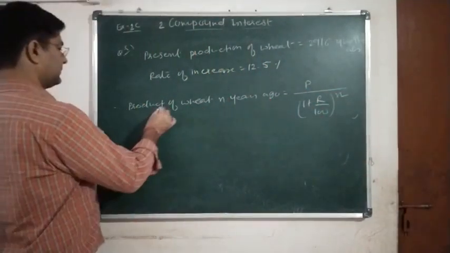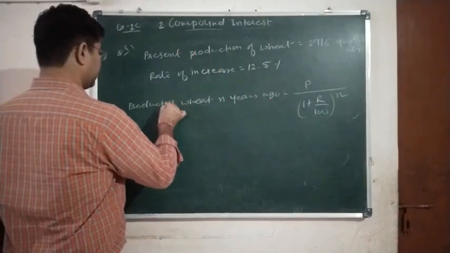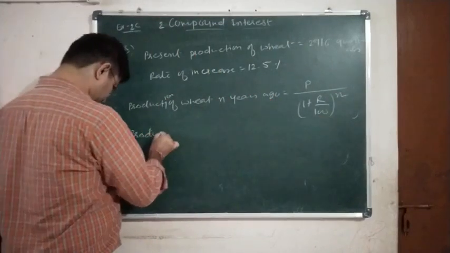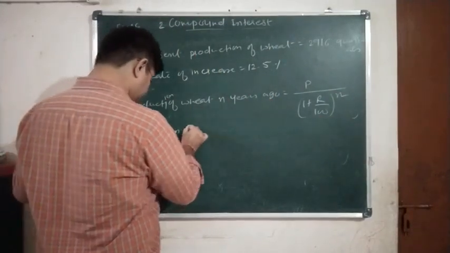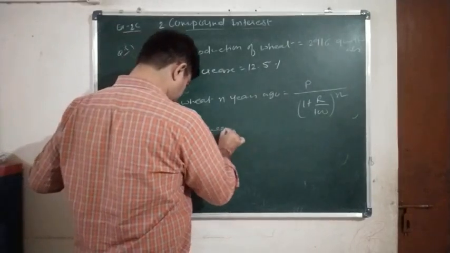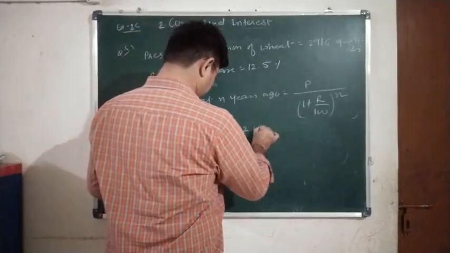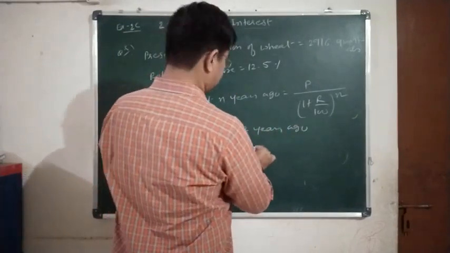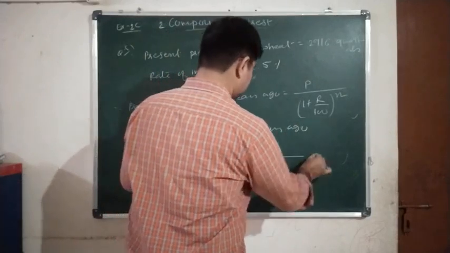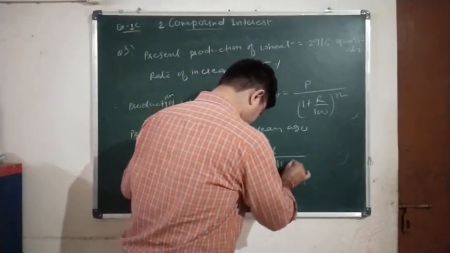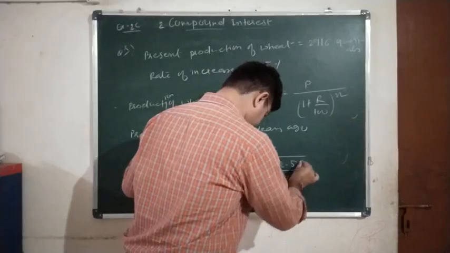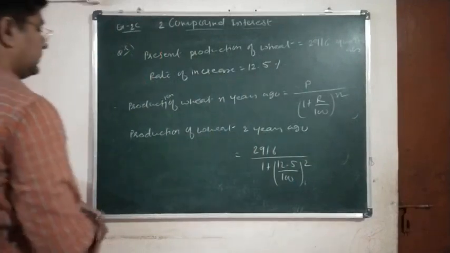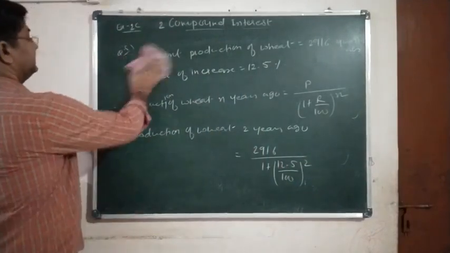And therefore, production of wheat 2 years ago is equal to present production 2916 upon (1 plus 12.5 upon 100) raised to 2. Now we will simplify this expression to get the final answer.